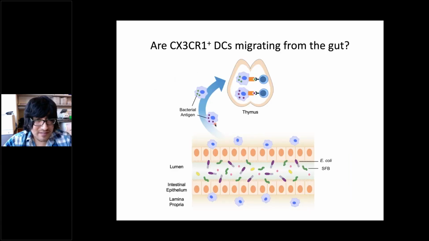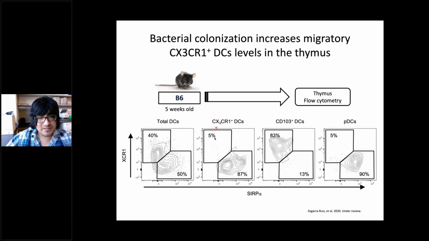Since we know that these CX3CR1 cells are important for getting bacterial DNA into the thymus and for inducing bacteria-specific T cells in the thymus, we then wanted to know if these cells were actually migrating from the gut to the thymus. For this, we first analyzed the expression of XCR1 and SIRP alpha, which are common markers to assess whether an antigen presenting cell is mainly resident or has migratory abilities.